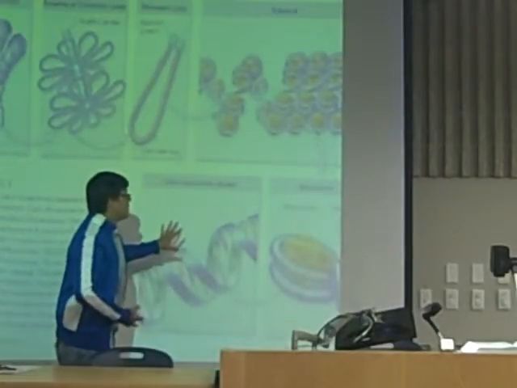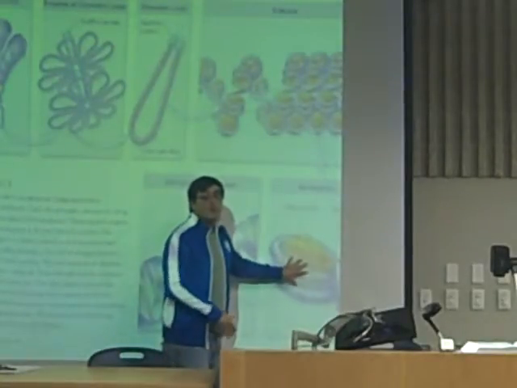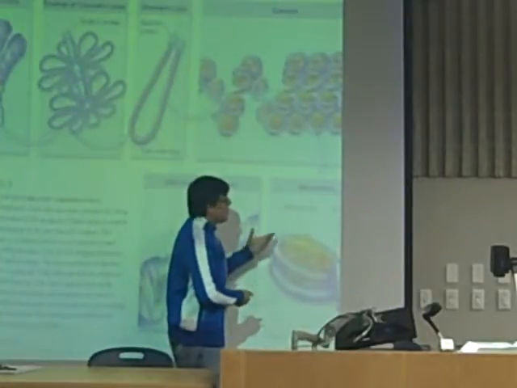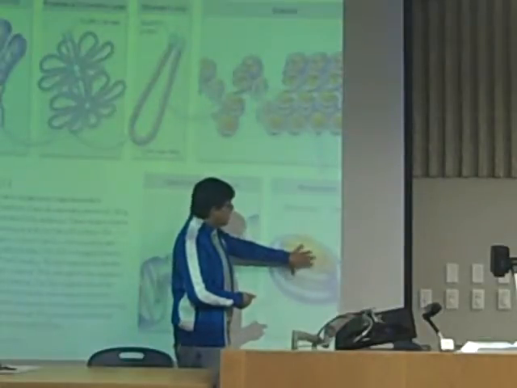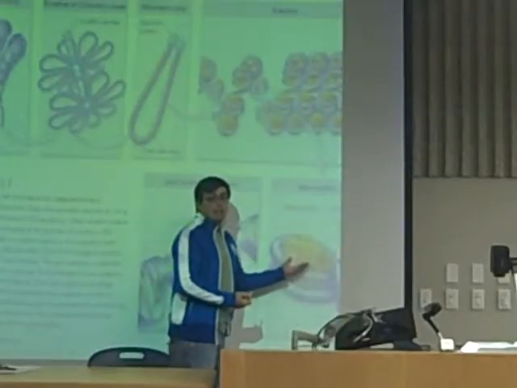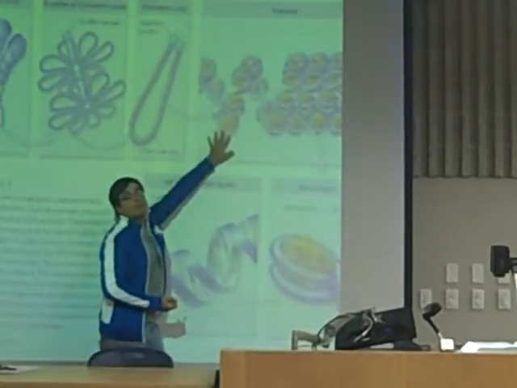So the DNA double helix is wrapped around the core of histones, and there are multiple histones involved in this complex that we call the nucleosome. A bunch of nucleosomes makes up the solenoid.